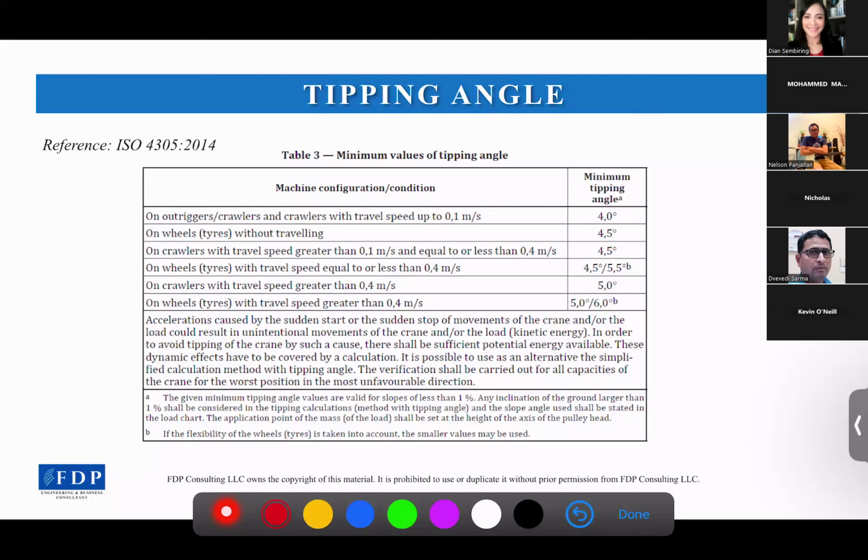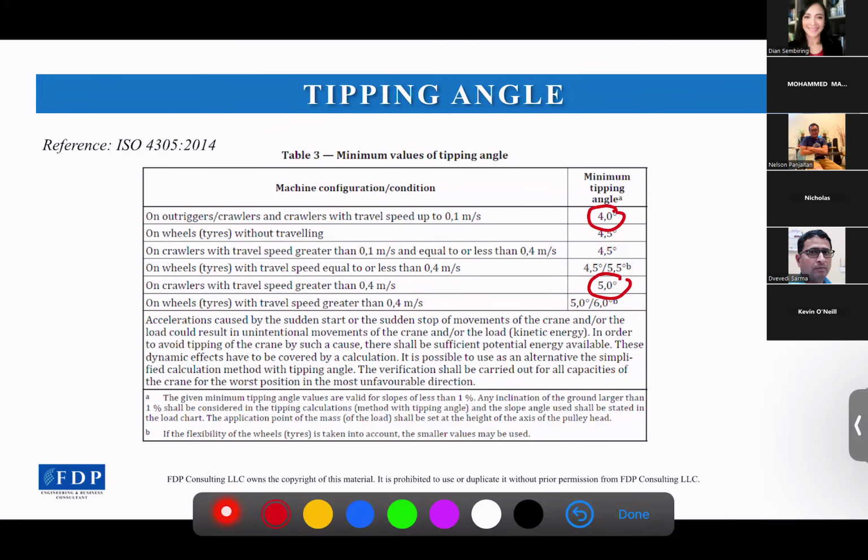For example, if you want to do the lifting with a crawler crane and it will be traveling, you can use a minimum tipping angle of 5 degrees here, and it also depends on the traveling speed. But if it's only slewing or rotating, then you can choose a minimum tipping angle of 4 degrees here.